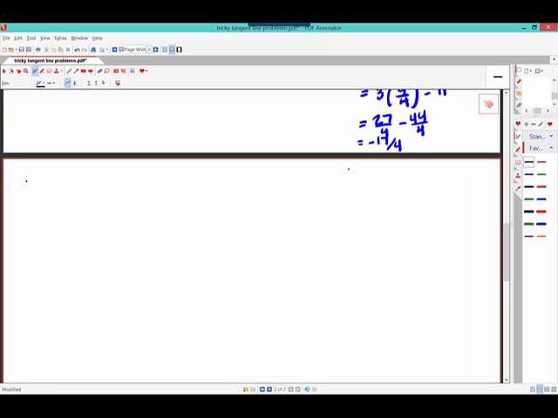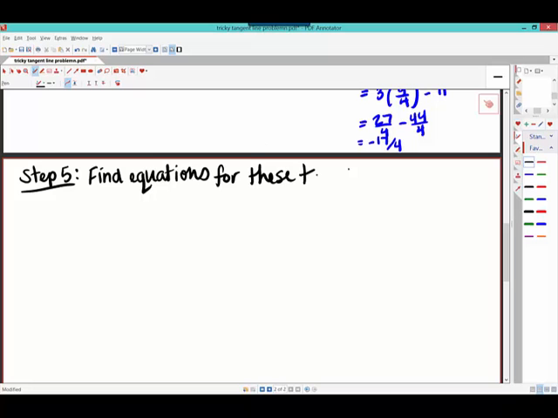Okay, so next up, what do we need to do? We need to find equations for these tangent lines. All right, so here we go.